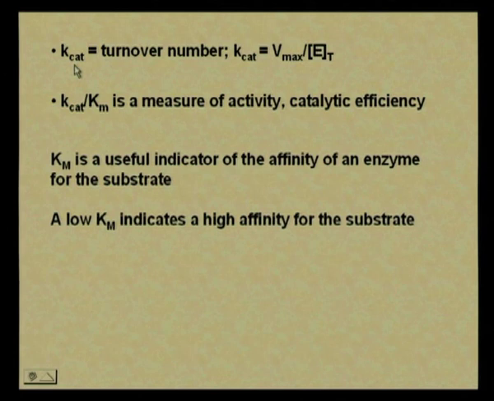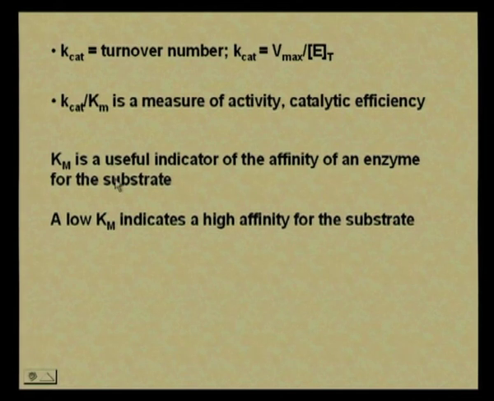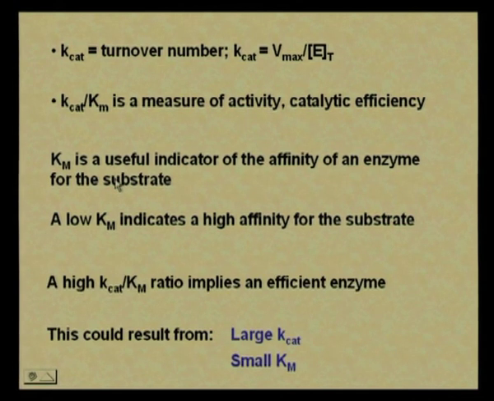If we have a high value for Kcat or K2, then what do we have? We have a high measure of the catalytic efficiency. So, the enzyme is more efficient. Now, suppose we have a low Km value, we have a high affinity for the substrate.